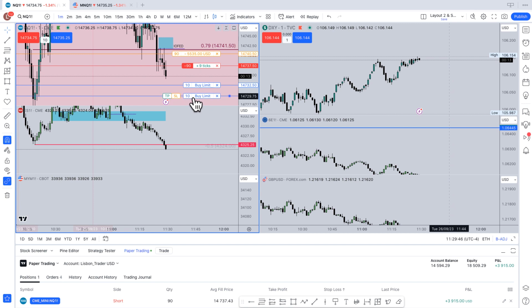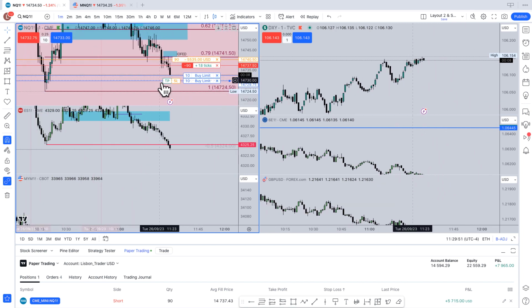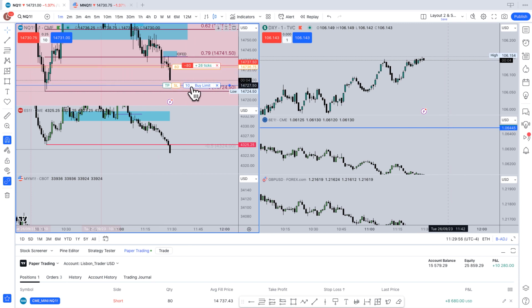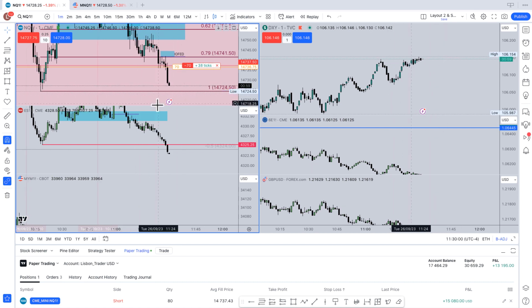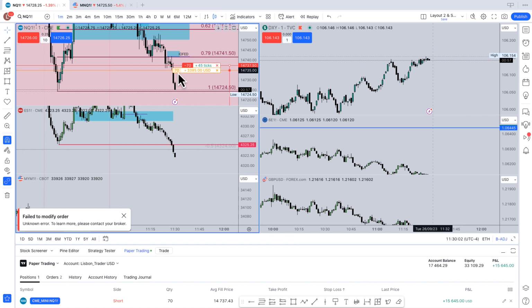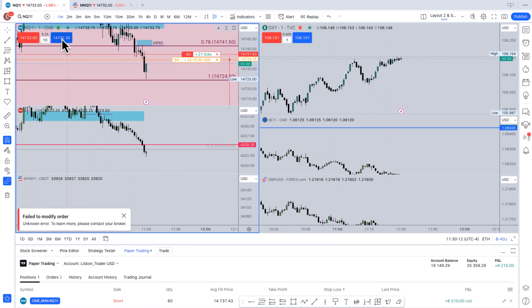There. So this took the sell side already, and now NQ is ready for the sell side. Intense. 25. Okay. So 5k in. Let's sell some more.